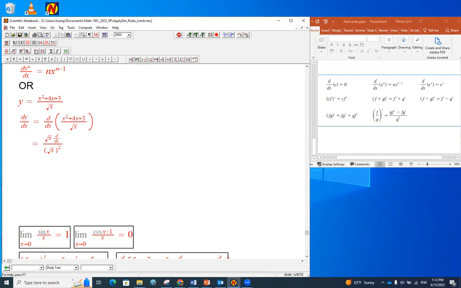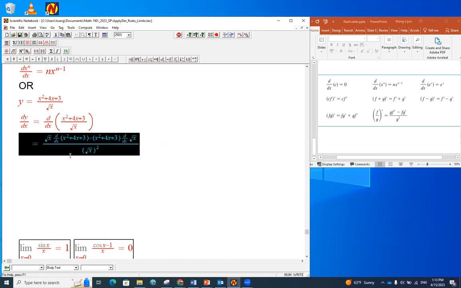Subtracting, f is left alone, no differentiation, times the derivative of the denominator, which is the square root of x. If we apply the quotient rule here, that's what we got.